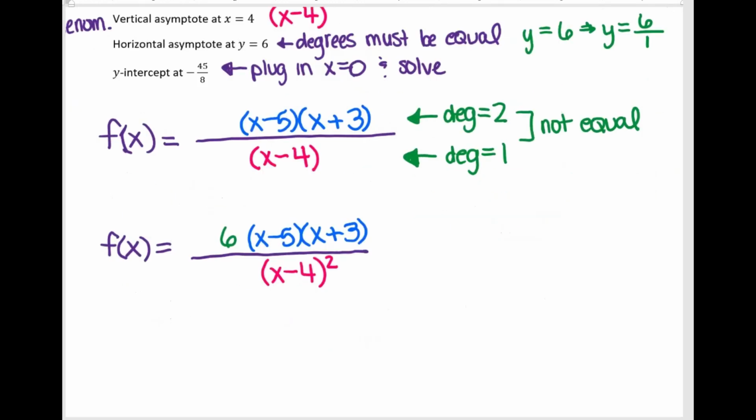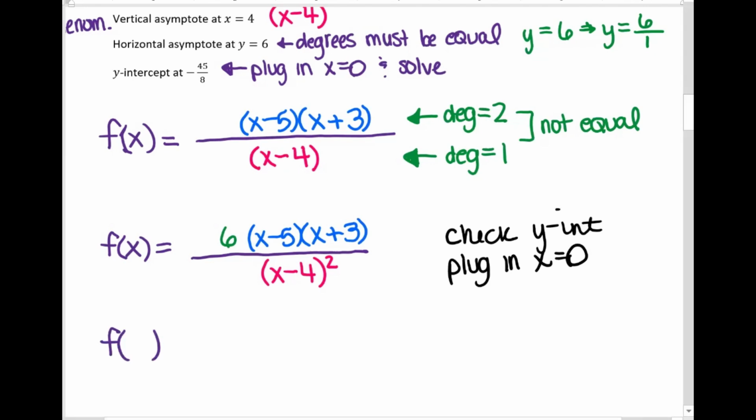Now that we have the vertical asymptotes where they belong, the x-intercepts where they belong, we have the degrees equal, we have the correct horizontal asymptote, we need to check for the y-intercept. And remember, we need to plug in x equal to 0. So let's check it. We're going to have f of 0 plugging into my function.